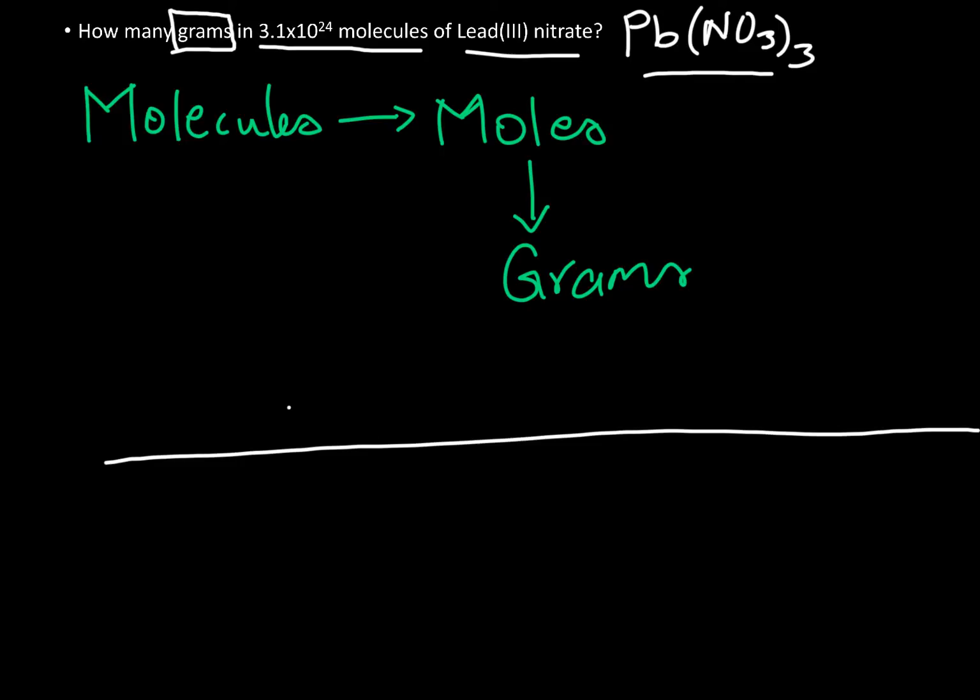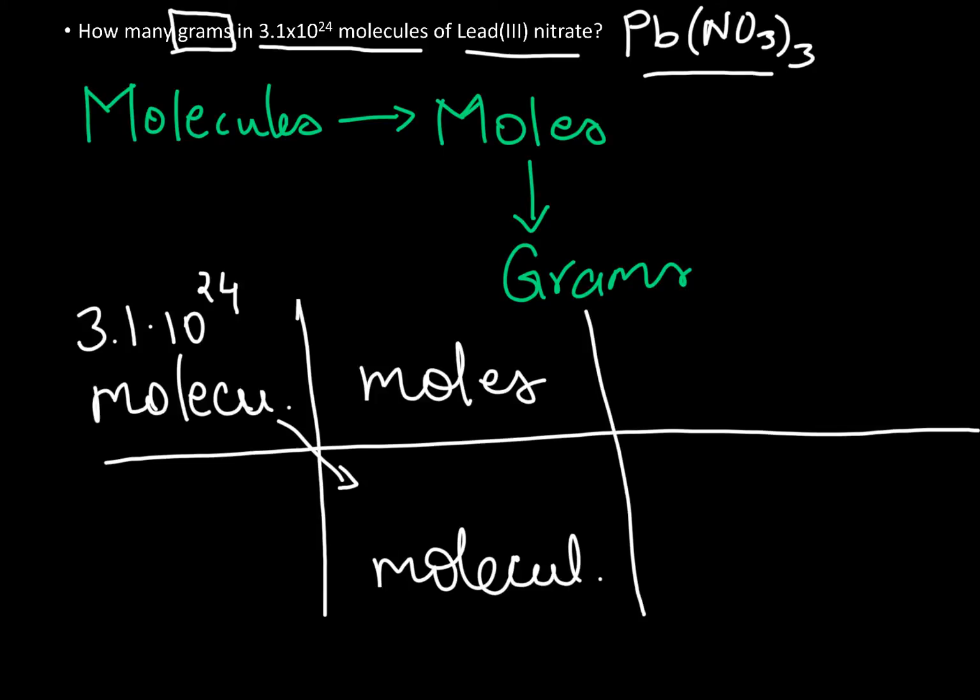So I start off my chart by using the given information, which is the number of molecules, and then I copy it down on the bottom, and then I convert it to moles, and then I copy down the moles on the bottom, and I convert it to grams.